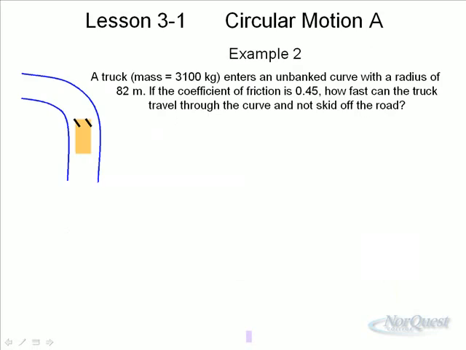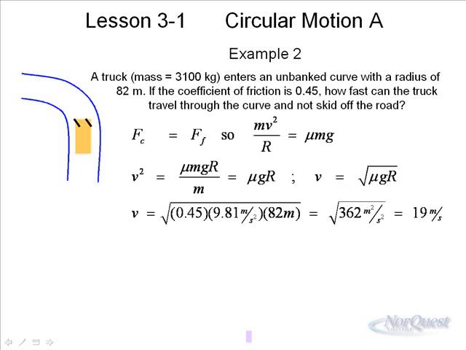It says a truck enters an unbanked curve with a radius of 82 meters. If the coefficient of friction is 0.45, how fast can the truck travel through the curve and not skid off the road? So remember what we said in the previous slide, that the force of friction is causing the centripetal force.